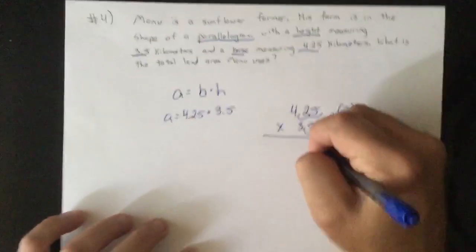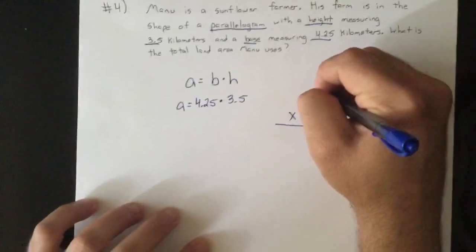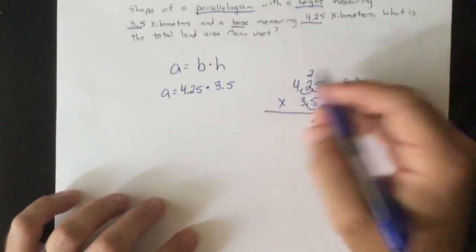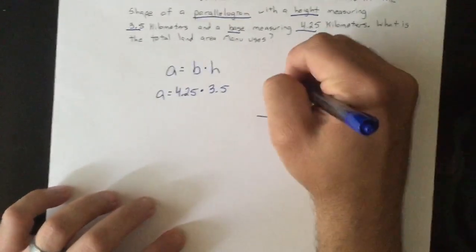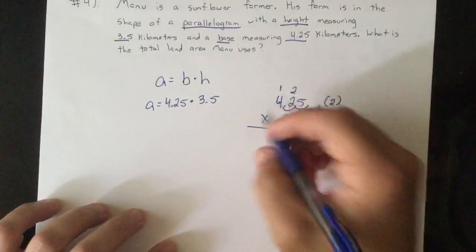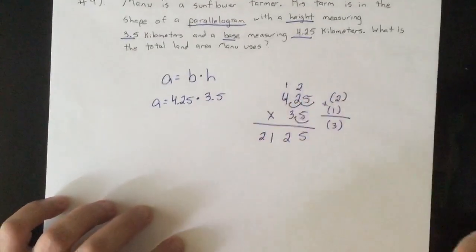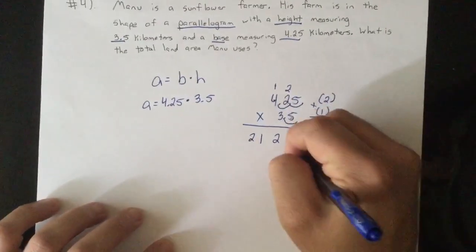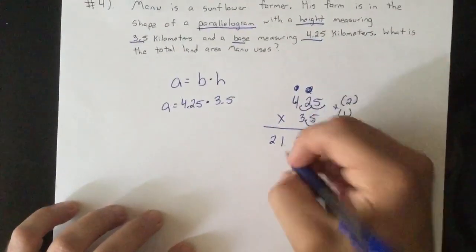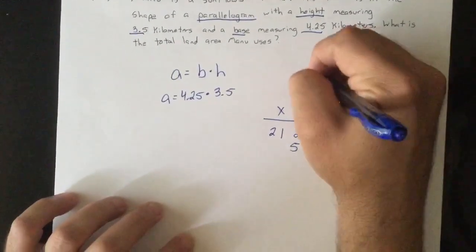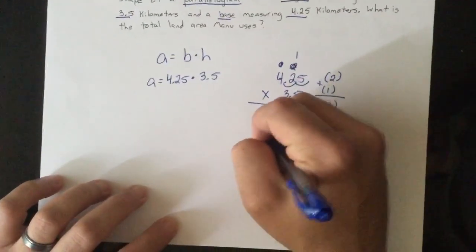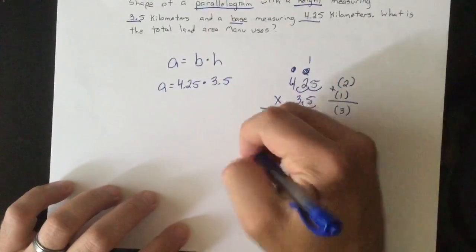5 times 5 is 25. 5 times 2 is 10, plus 2 is 12. 5 times 4 is 20, plus 1 is 21. Second row, add a 0. 3 times 5 is 15. 3 times 2 is 6, plus 1 is 7. 3 times 4 is 12.